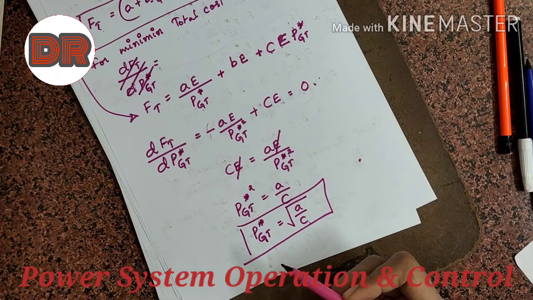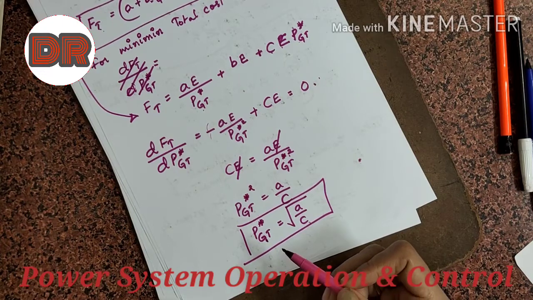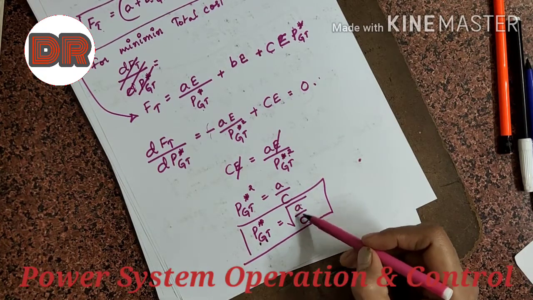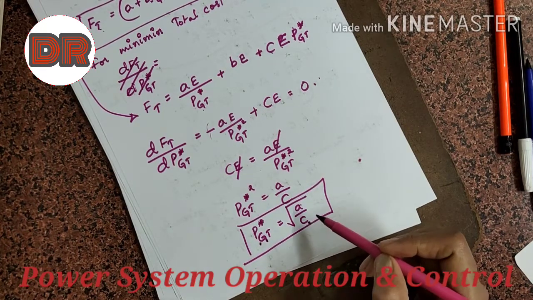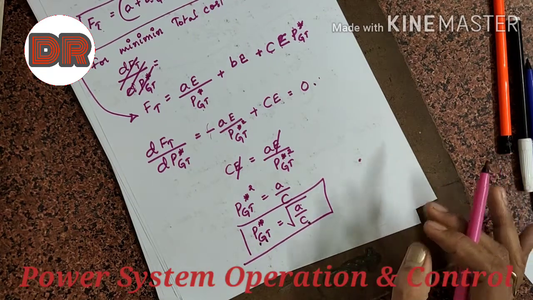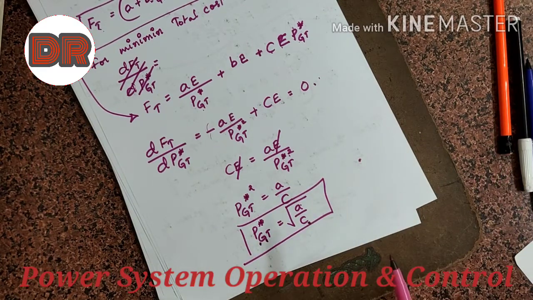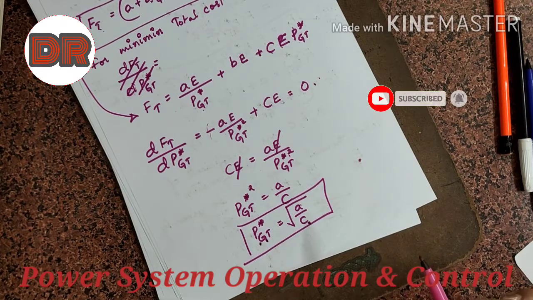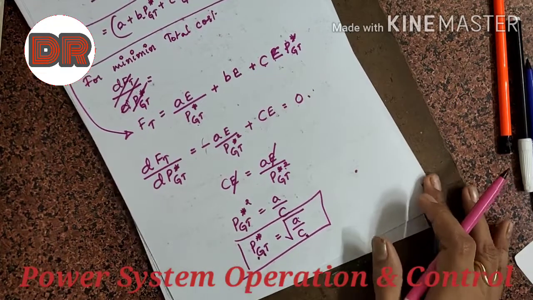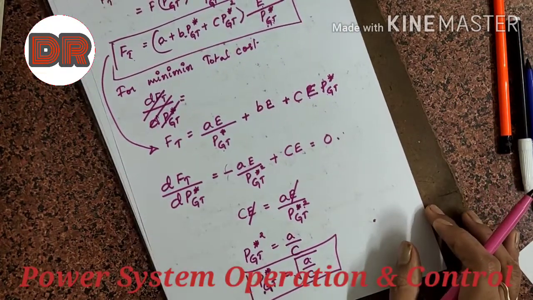The time for which the thermal plant must be run depends on the hydro energy also. You can see here the power does not depend on time, it depends only on A and C, which are the coefficients of the cost function. But the time for which the thermal plant must be run depends on hydro energy also. Okay, so this is about scheduling based on energy.